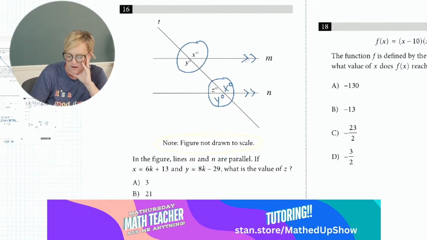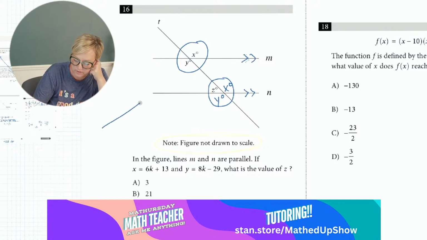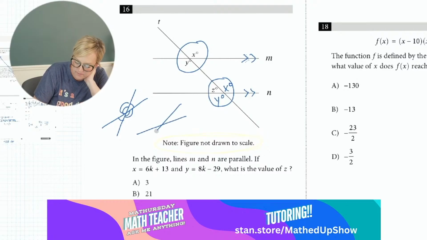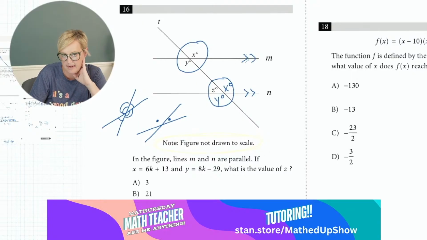Now, anytime you have any intersection, these two angles are vertical angles, so they're going to be congruent to each other, and these two angles are congruent to each other. Also, a linear pair's two angles add up to 180.